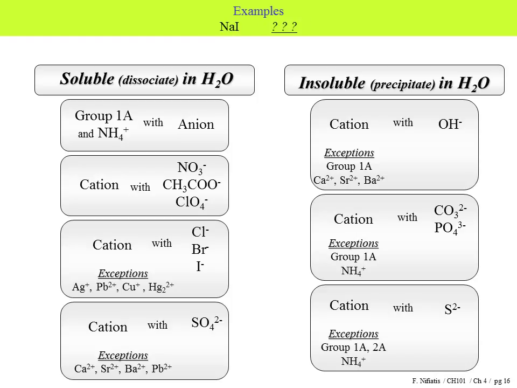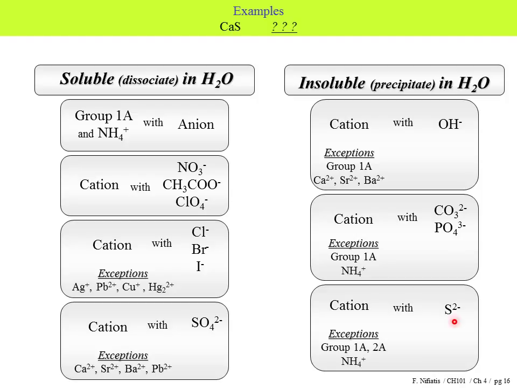Sodium iodide. The iodide is here. We have a couple of exceptions. The sodium is not here, so this is soluble. Ammonium sulfate. The sulfates are here. Ammonium is not an exception, so it's soluble. Calcium sulfide.